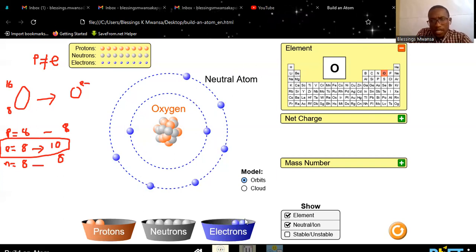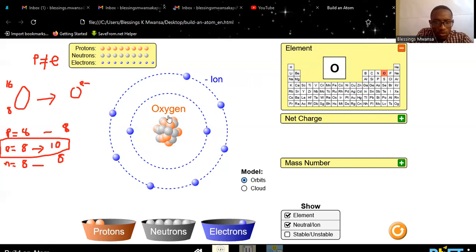But if it has gained 2, it has to become an ion, meaning there will be extra 2 electrons. So this satisfies what we call the octet rule.